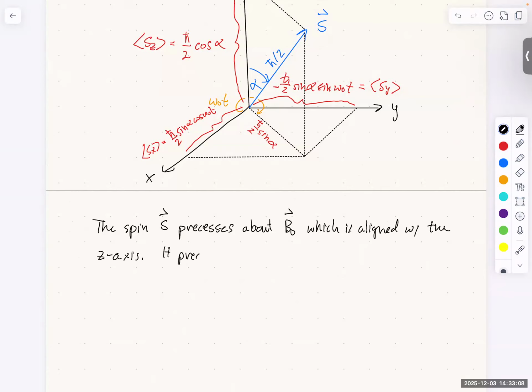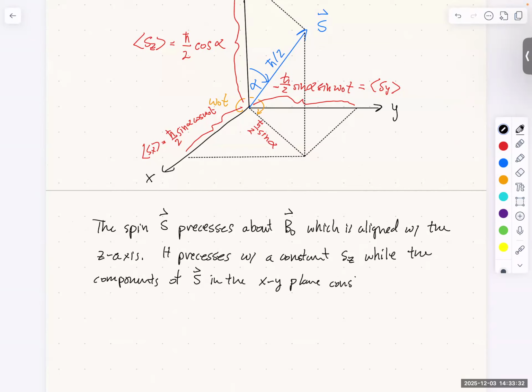It precesses with a constant sz, while the components of s in the xy plane constantly change. But they change in a predictable way.